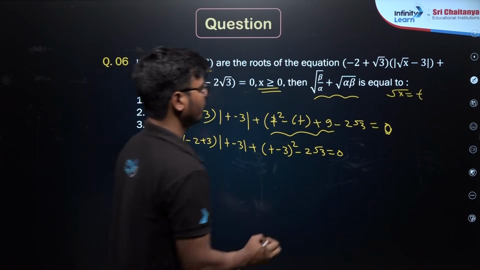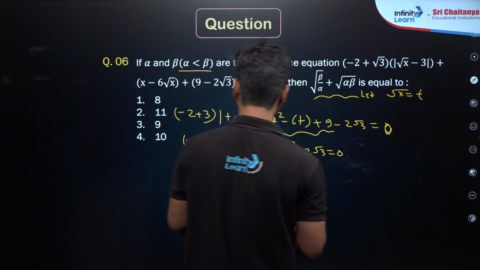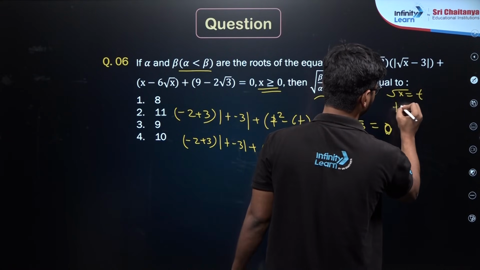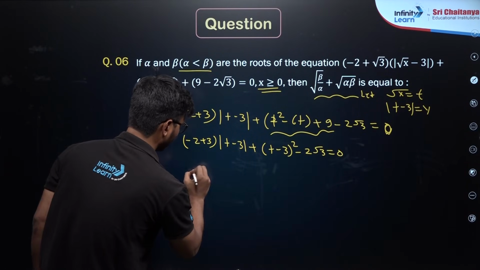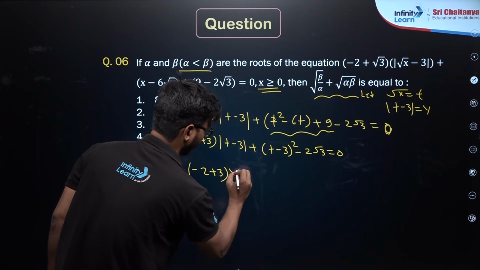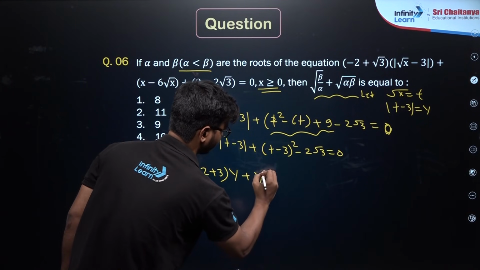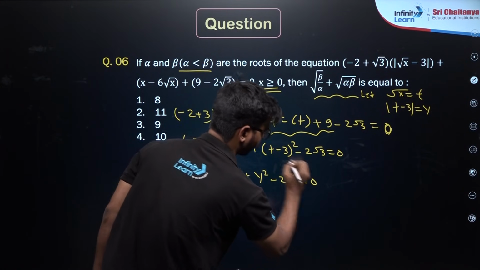Now again we are taking under root, mod of t minus 3 as y. If you observe, so I can write minus of 2 plus 3 times y plus y square minus of 2 under root 3 equals to 0.